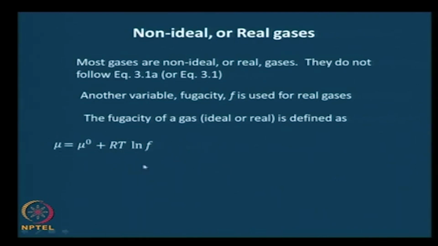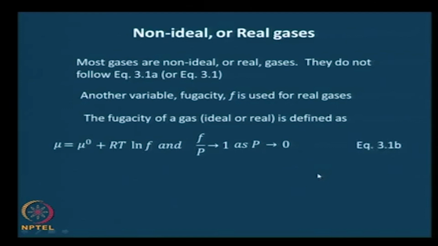This is not the complete definition. We should also add that F, fugacity, divided by total pressure P tends to 1 as the pressure tends to 0. This is the complete definition for a gas, whether real or ideal.